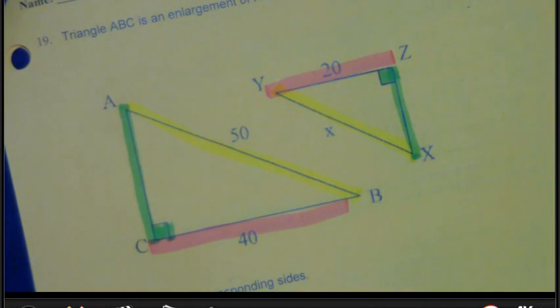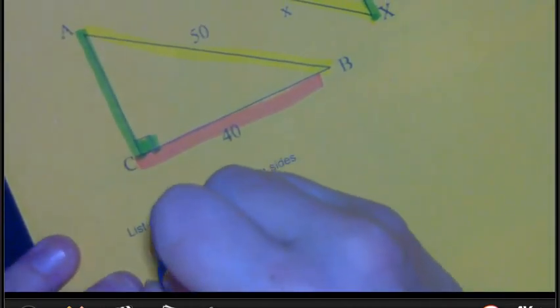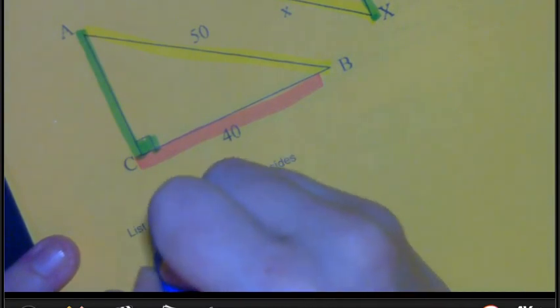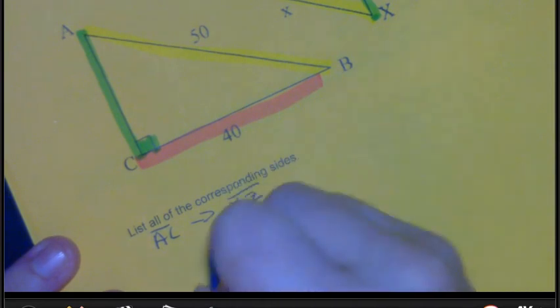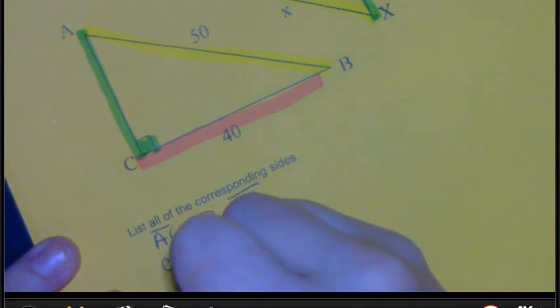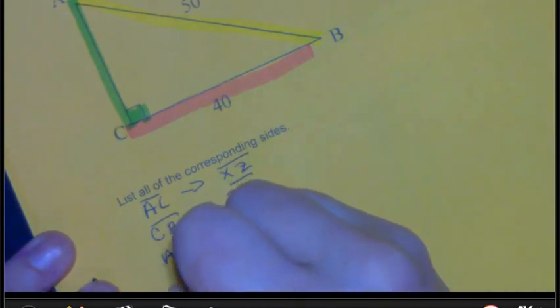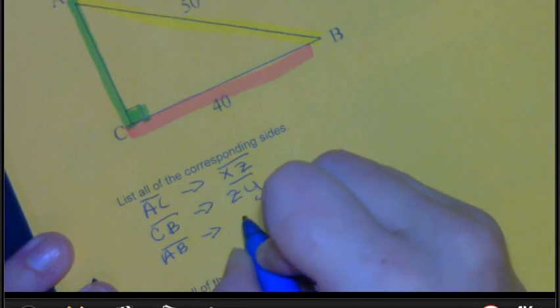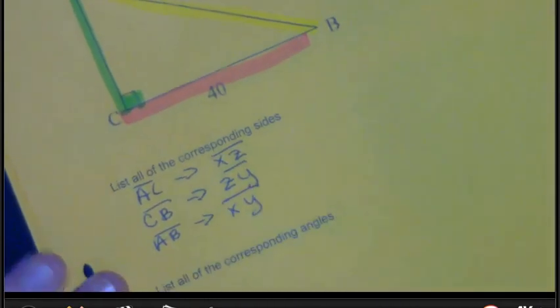And then if I do A to B, I need to do X to Y. So let's just go ahead and rewrite our corresponding sides as it is here. So I know that AC corresponds to XZ. CB corresponds to ZY. And AB corresponds to XY.